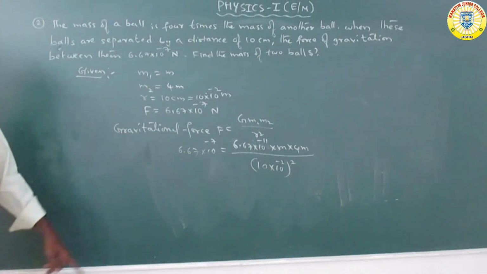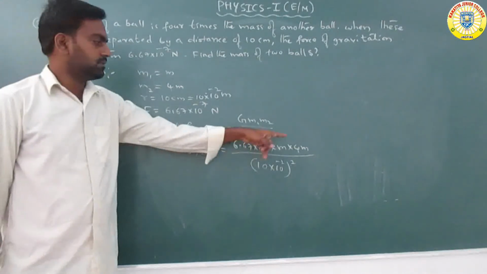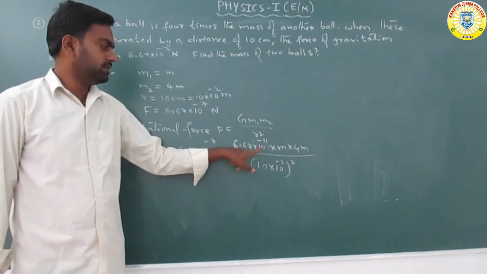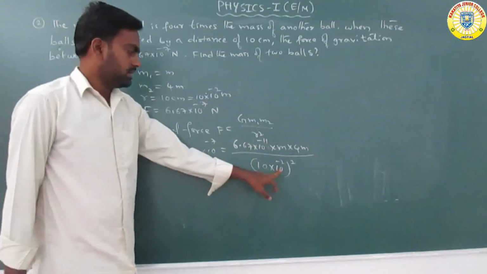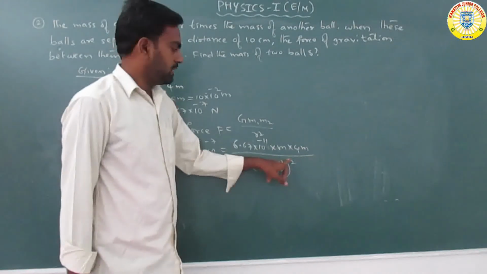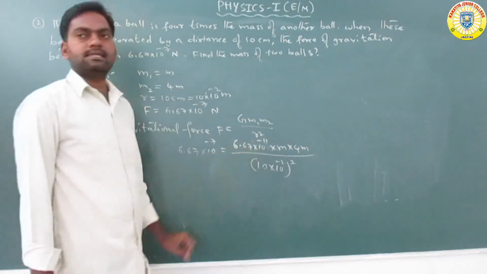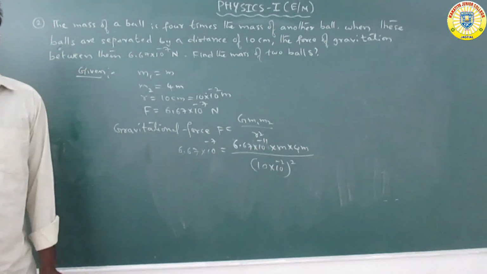Now putting it in, what we get is 6.67 into 10 to the power of minus 11, 10 to the power of minus 2 whole square, 10 to the power of minus 4. Writing that, plus 4 into minus 11 is minus 7.